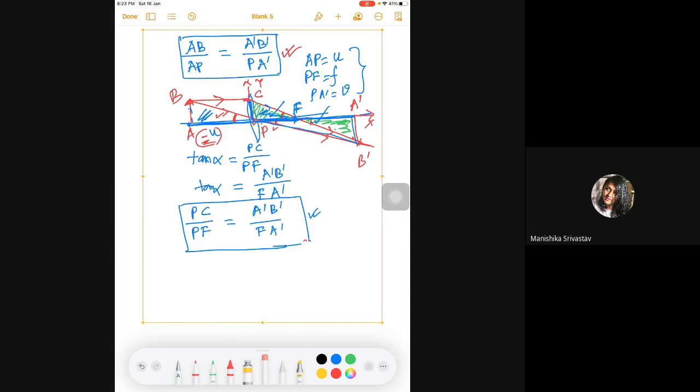You can consider the axis not on the pole but on another part also. But if you consider the axis on the pole, then it gets easy to measure the distance. So again and again I am repeating the same thing.